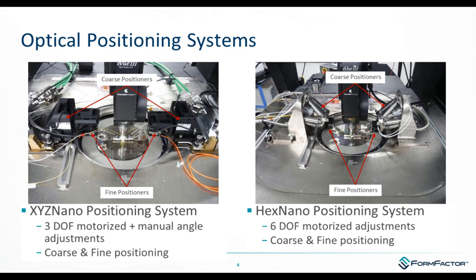Here's a little more detail that shows the two different types of optical positioning systems that we're supporting. On the left is the XYZ nano positioning system. So it has 3 degrees of freedom coarse motorized motion over about 25 millimeters in XYZ. And then we can adjust the angle, fiber angle arriving at the grating couplers by changing the fiber holders.